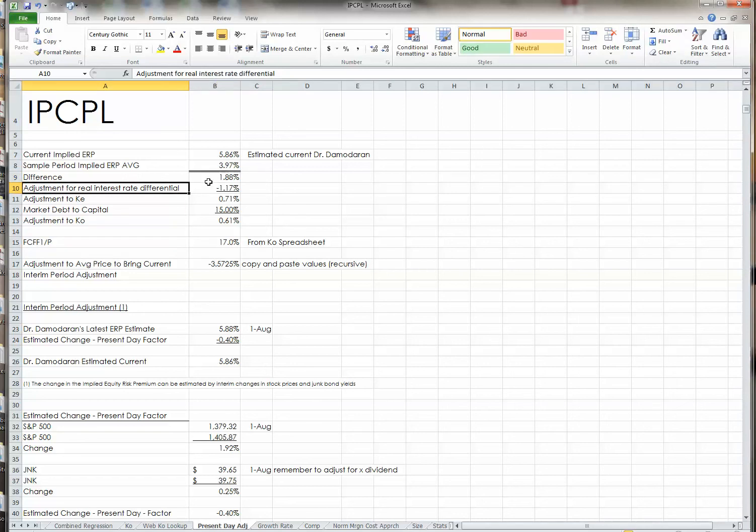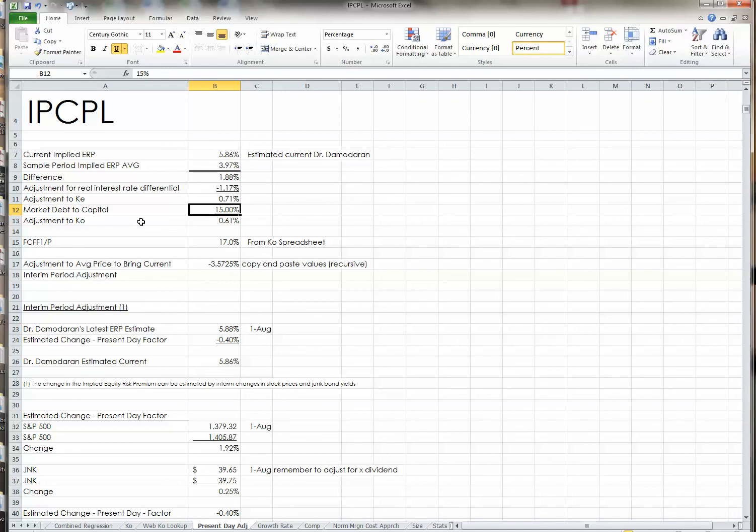However, there's an offset to that, and that is real interest rates typically fall when equity risk premiums rise. So we're offsetting the change in the equity risk premium by the change in the real interest rate to get a net change of 0.71%.